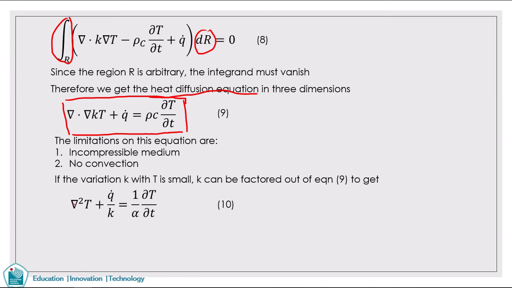The del becomes del square T plus Q dot over k equals 1 over alpha times the change of temperature over time.